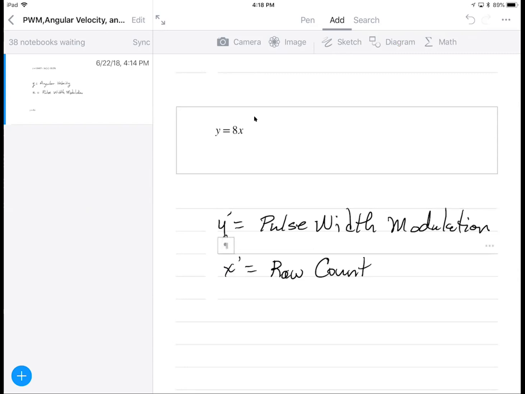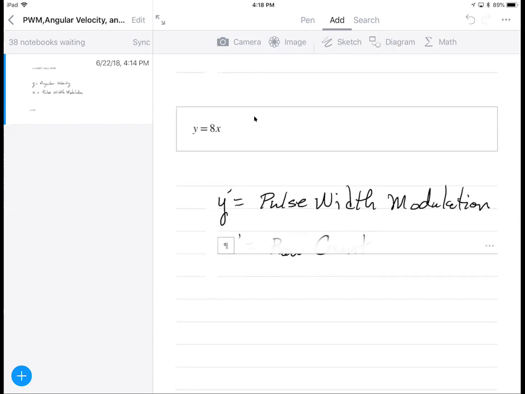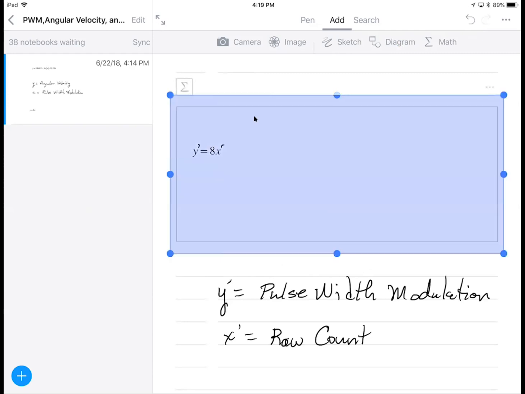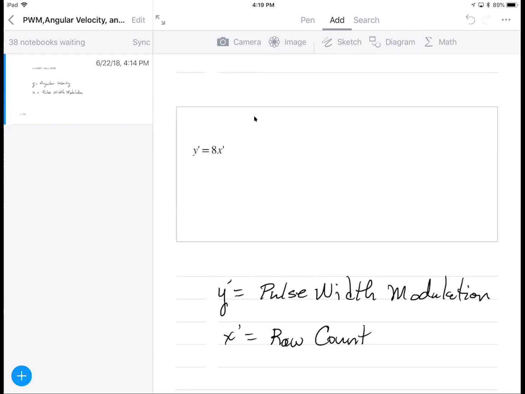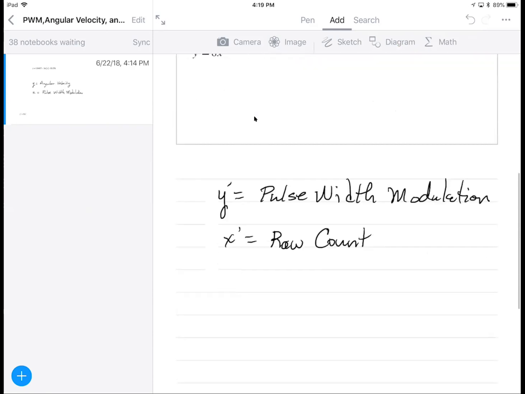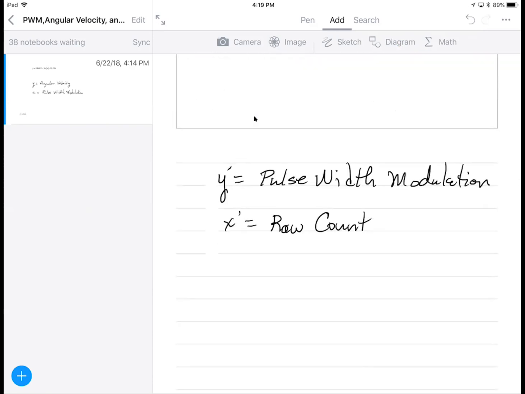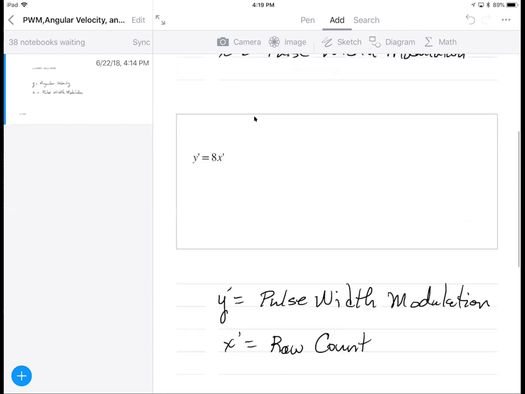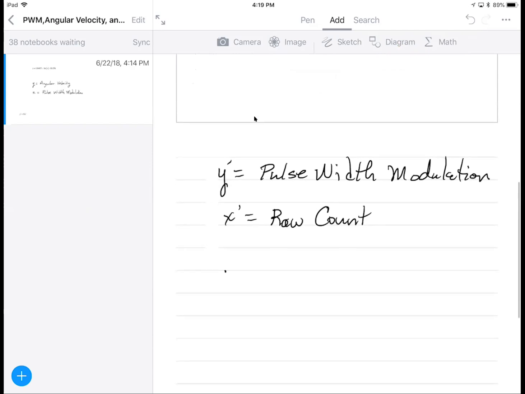I didn't do that in my equation. So we know that y prime is just equal to x.